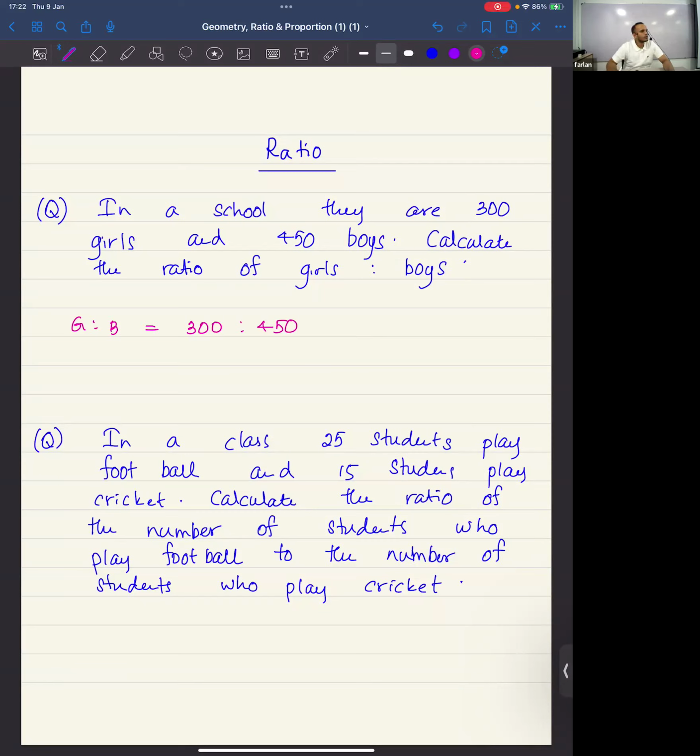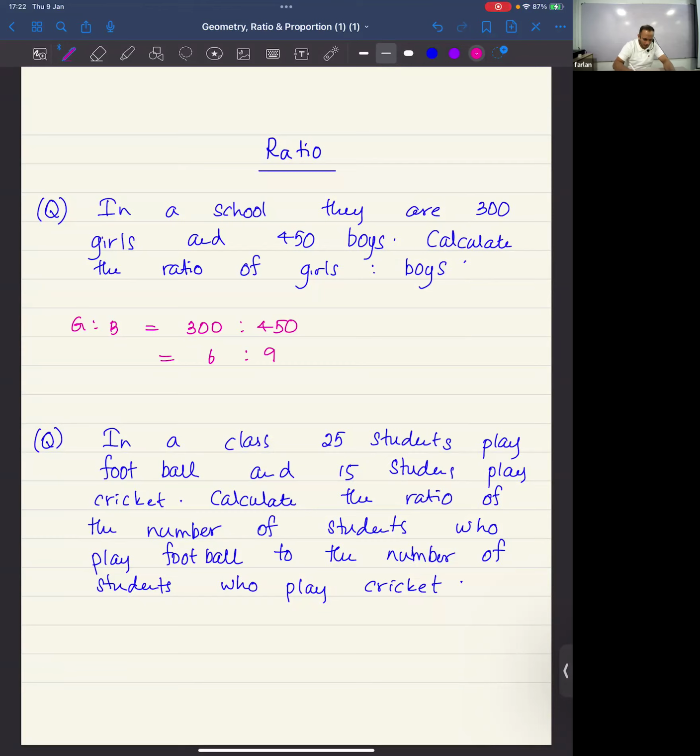We can divide 300 and 450 both by 50. 300 divided by 50 is 6, 450 divided by 50 is 9. Can we divide it further? Yes, by 3. 6 divided by 3 is 2, 9 divided by 3 is 3. So the ratio is 2:3. That means for every 2 girls, there will be 3 boys. Understood?